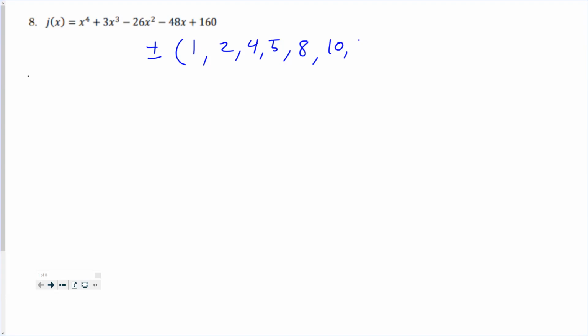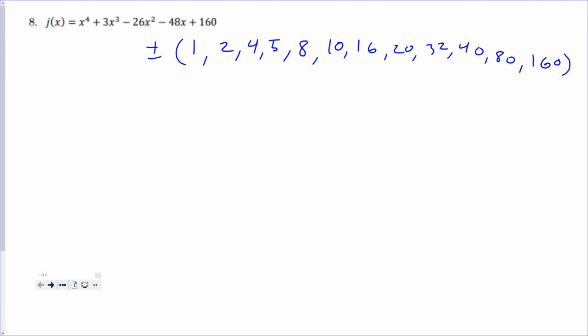But 16 does work, with 10. With 8, it's going to be 20. With 5, it's going to be 32. With 4, it's going to be 40. With 2, it's 80. And then 160. So these are all my possible zeros, and I'm going to have to try them and see which one works.